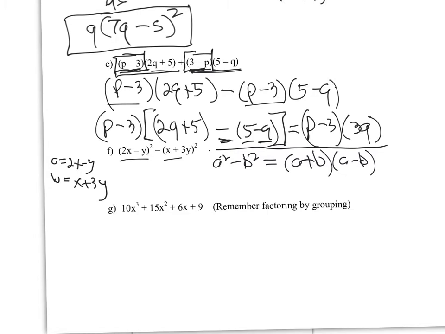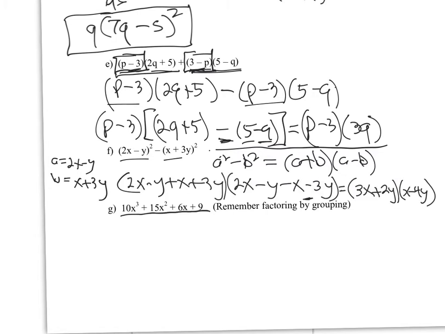So our a plus b, we ended up with 2x minus y plus x plus 3y. And over here, our a minus b, we had 2x minus y minus x minus 3y.